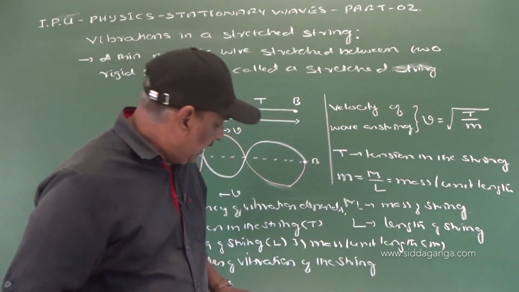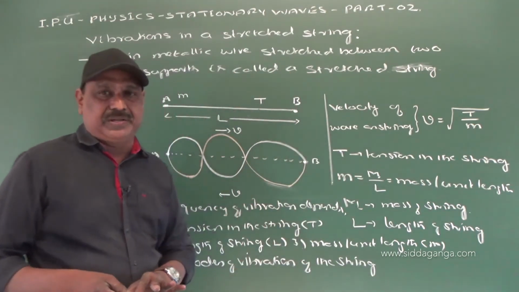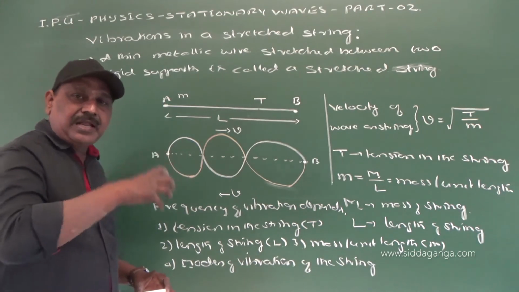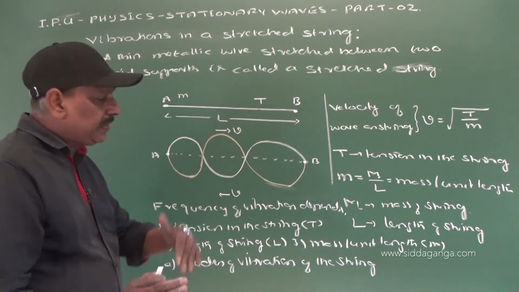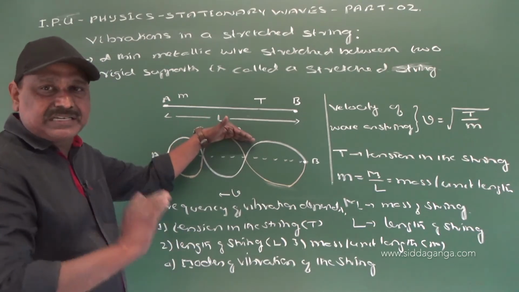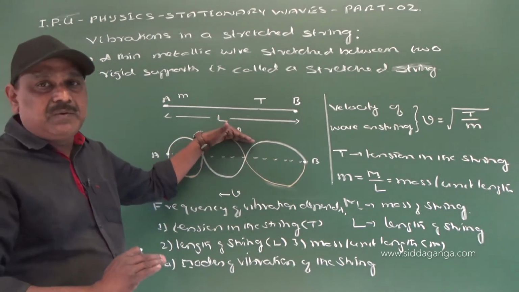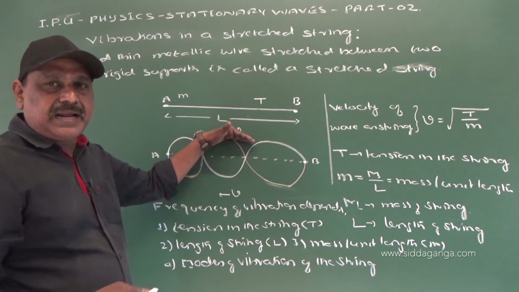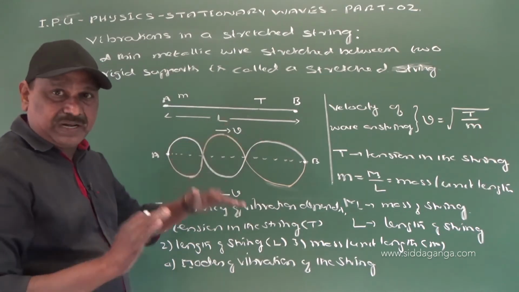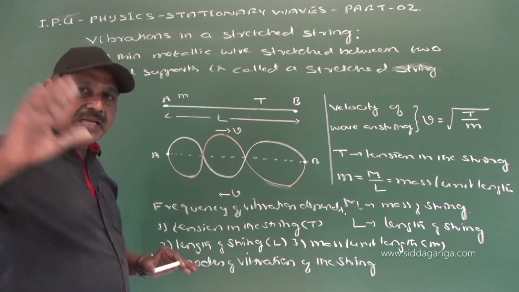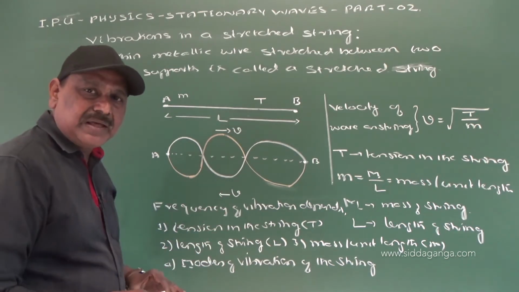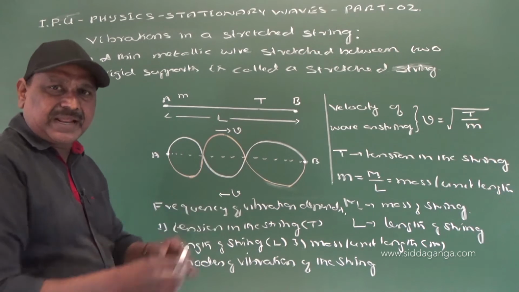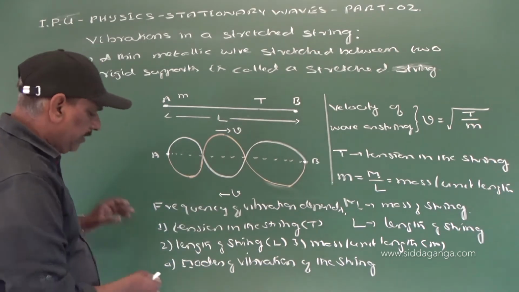And now, what is mode of vibration? Now I will explain what exactly is mode of vibration in a stretched string. My explanation is applicable to strings only. In an air column or air instrument, we will have a slight difference.